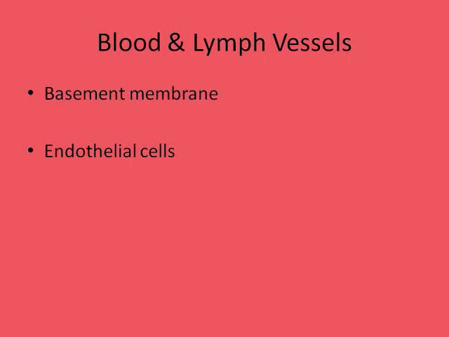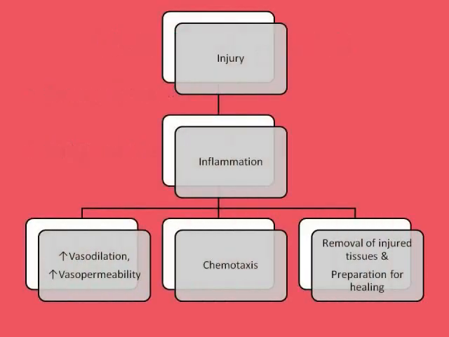And it's the endothelial cells and the basement membrane that actually loosen up a little bit to let the white blood cells and the plasma and the clotting factors, whatever is needed, seep out to get to the injured tissues.